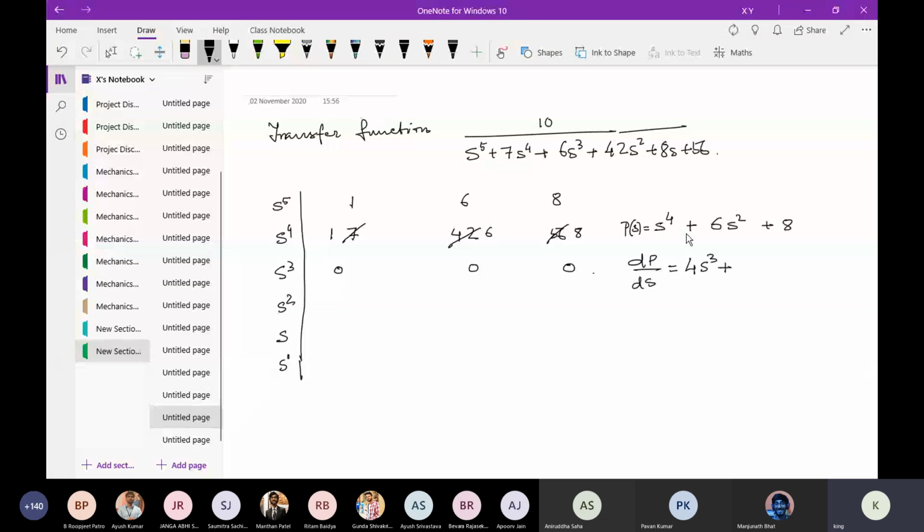As you can see, again we are getting an even polynomial. Most of the cases you will see an even polynomial happening. So you are going to see a 12s, and that is it. So this will become 4, this will become 12, and the 0 will remain as 0.